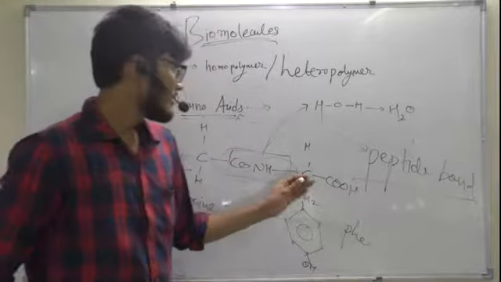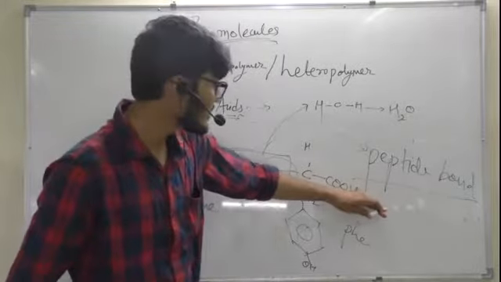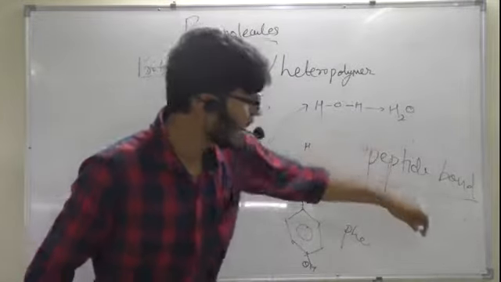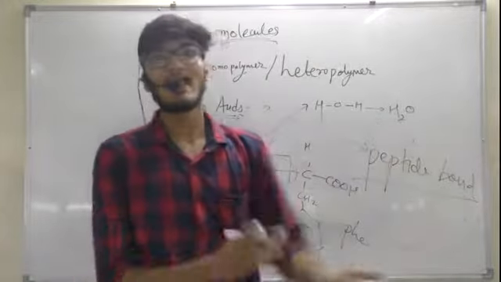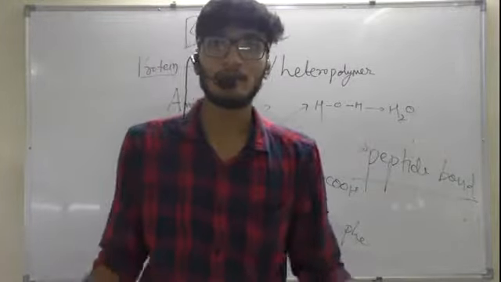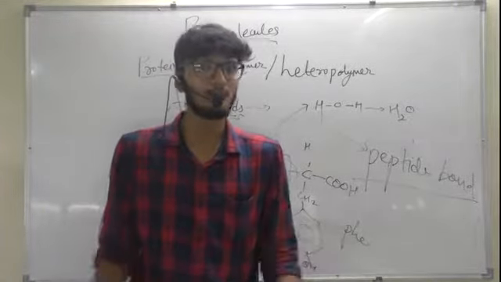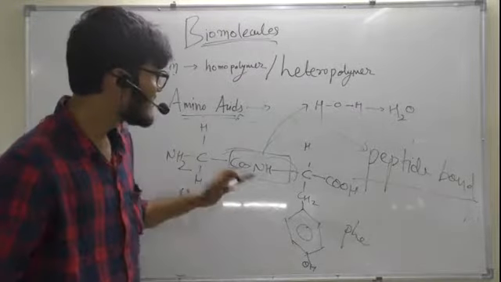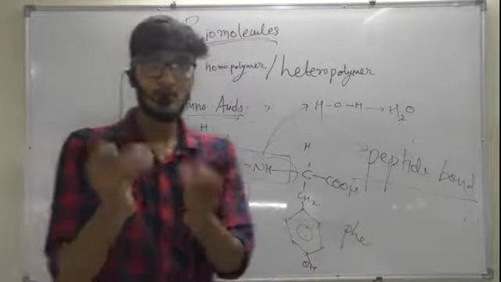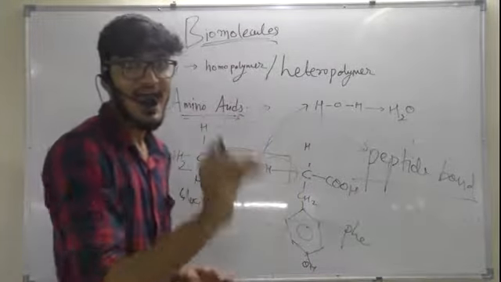In the same way, another peptide bond will form here with the next amino acid, and so on, forming whole protein molecules that might contain more than 1,000 amino acids. So this was the basic process of peptide bond formation between two amino acids and the formation of a protein.